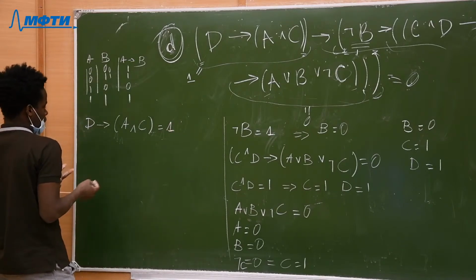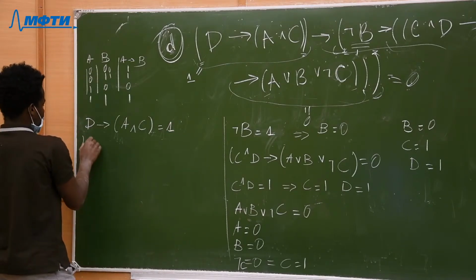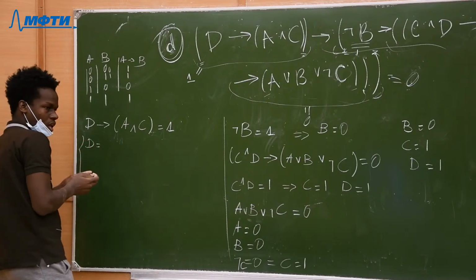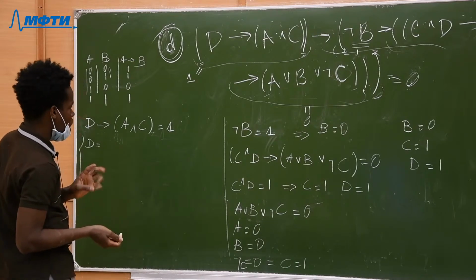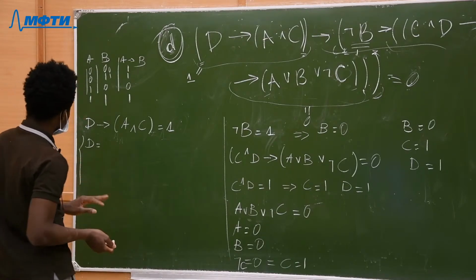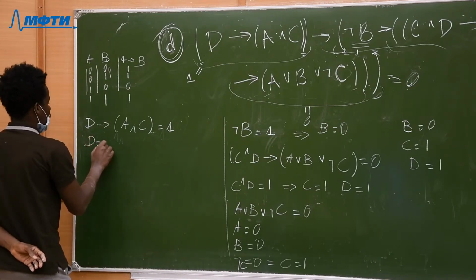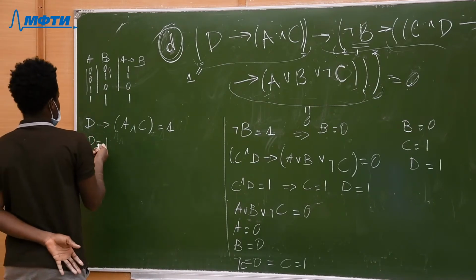If we have got two cases, if B equal to... no, we have just one case. We know that D is equal 1, right? Let's take D equal 1.